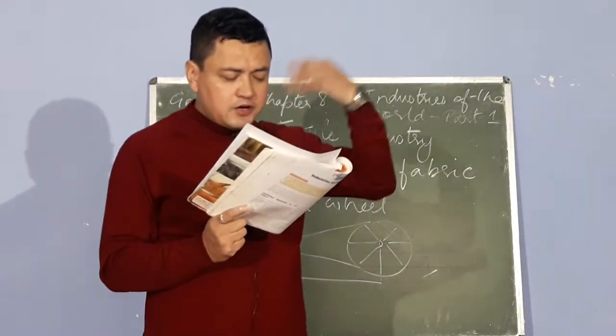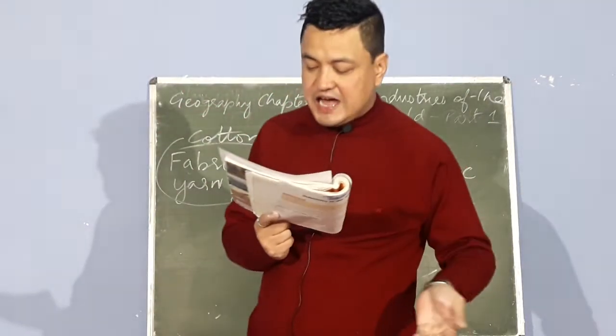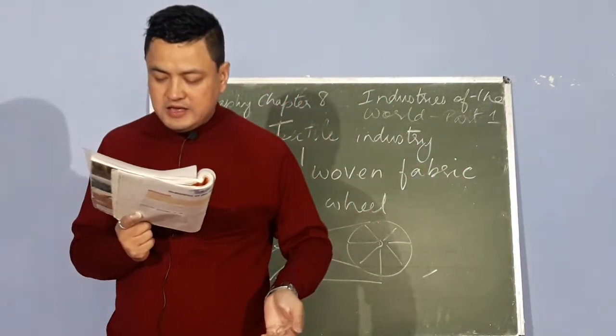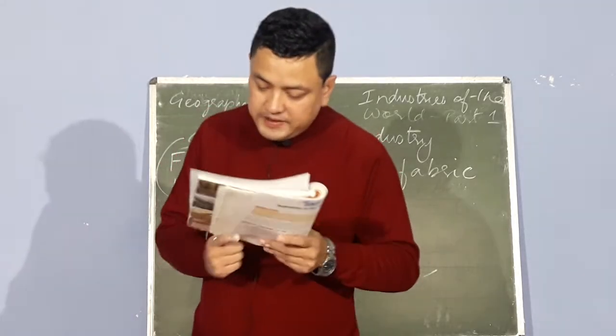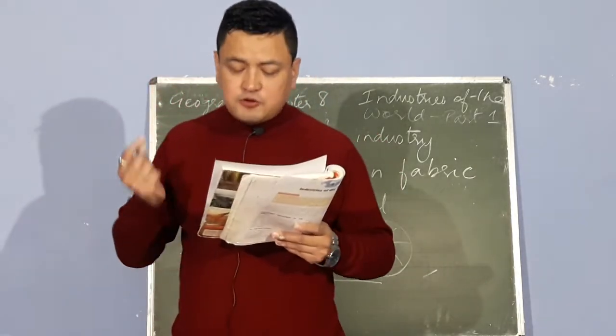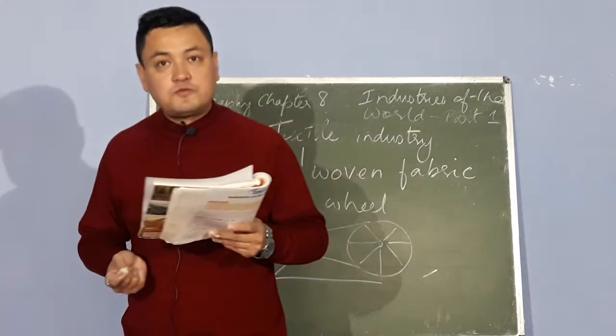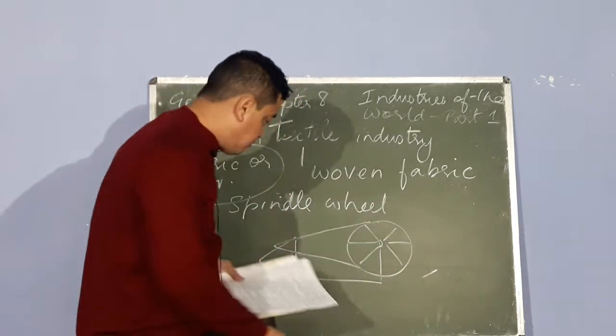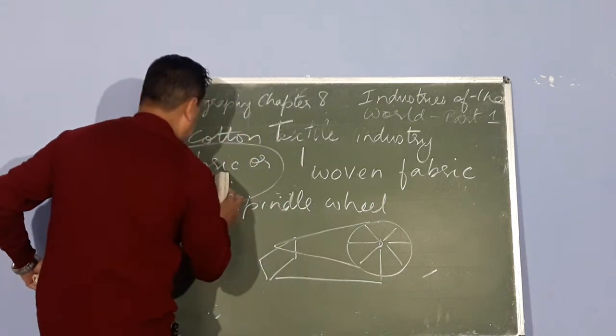So fabric or yarn is the raw material used in textile industries for making cloth, like plant raw material. So plant also has a raw material. This plant raw material is like cotton, jute, flax and hemp. So just I want to write something on the blackboard.